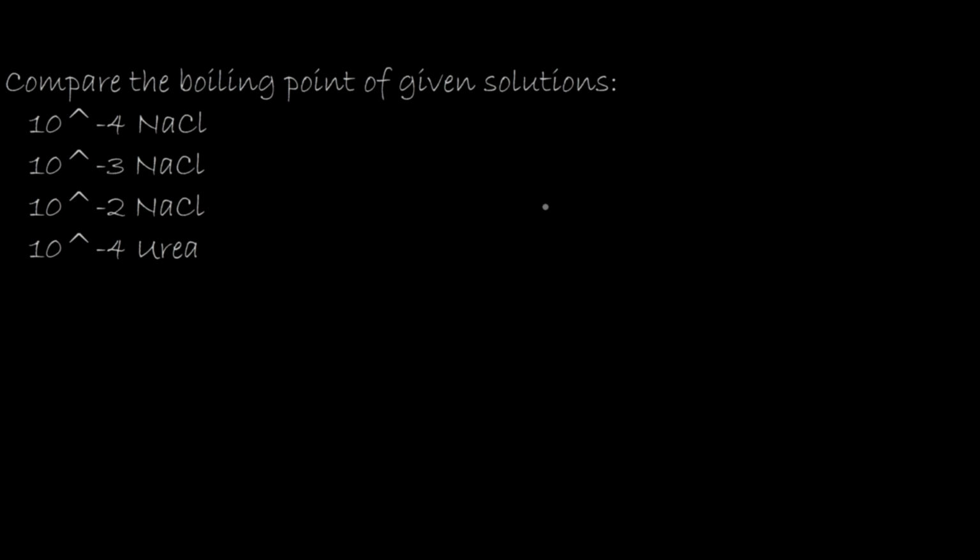Then, compare the boiling point of the given solutions: 10 to the power minus 4 sodium chloride, 10 to the power minus 3 sodium chloride, 10 to the power minus 2 sodium chloride, and 10 to the power minus 4 of urea. First of all, what we have to consider about the boiling point elevation.